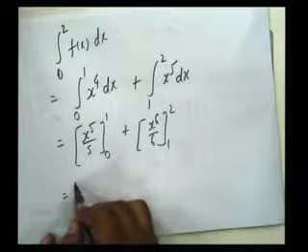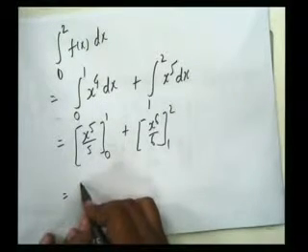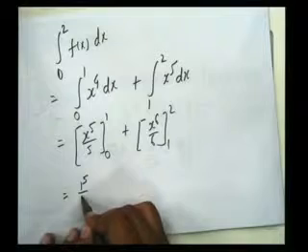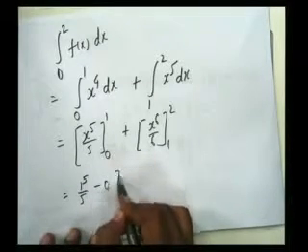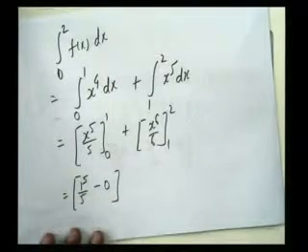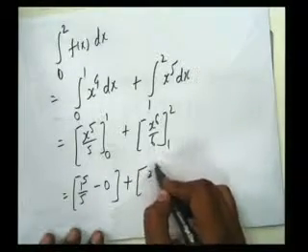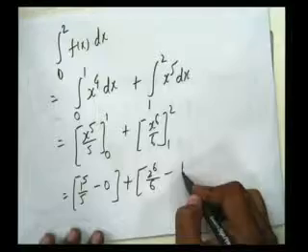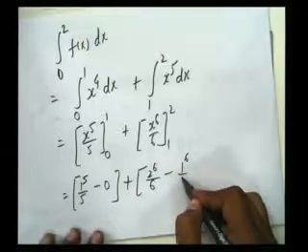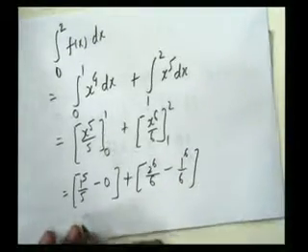The second part of the fundamental theorem of calculus says that its value is f of b minus f of a, so 1 raised to 5 by 5 minus 0, plus 2 raised to 6 by 6 minus 1 raised to 6 by 6. Clear?